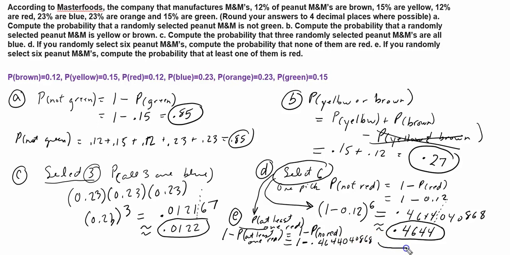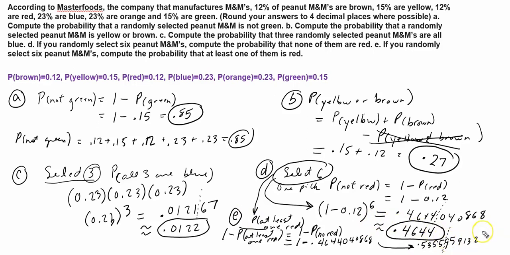And so the number is going to be 0.5355959132. And now I will round to 4 decimal places, and this 9 is going to bump that up.